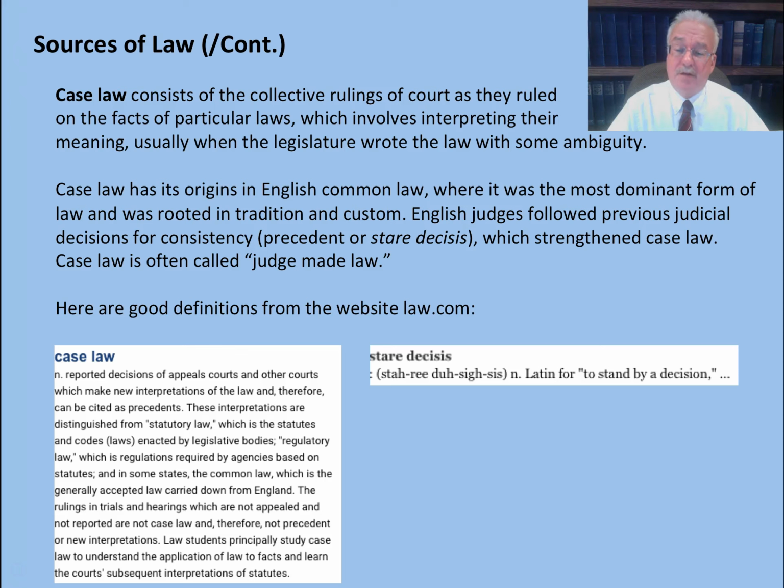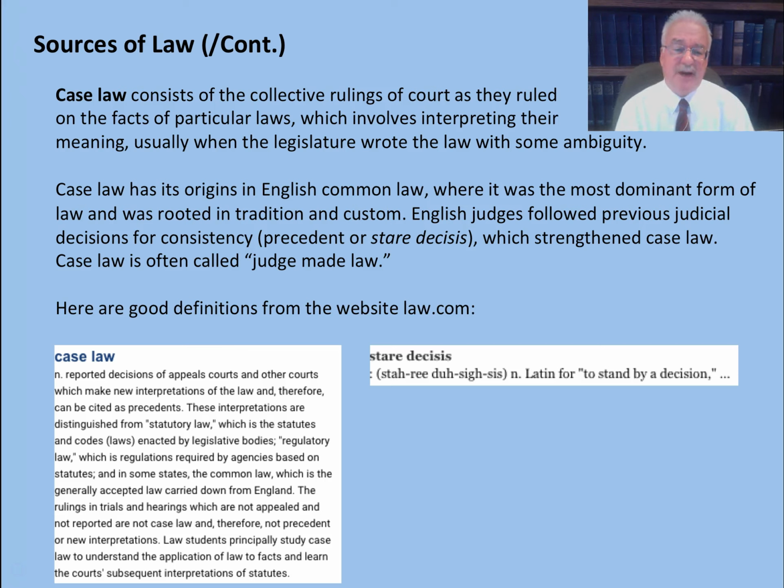The final source of law is case law. Case law consists of the collective rulings of courts as they rule on the facts of particular laws, which involves interpreting their meaning. And this usually occurs when the legislature wrote the law with some ambiguity, some confusion, vagueness. Case law has its origins in English common law, where it was the most dominant form of law and was rooted in tradition and custom.